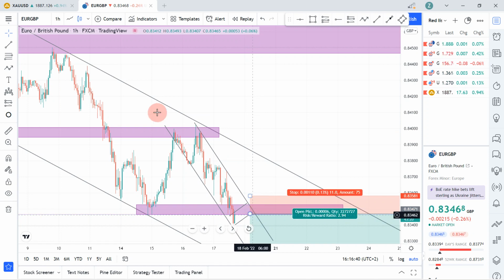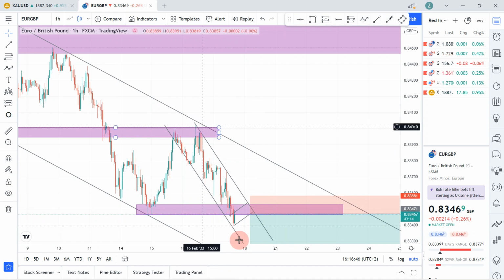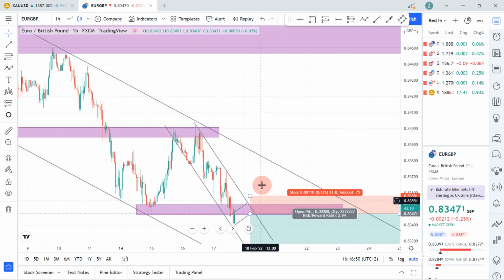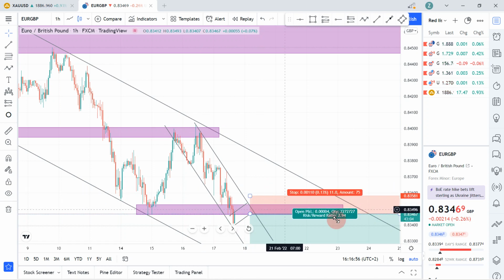So hence we are in an overall bearish trend, and a bearish trend inside this trend. It would confirm for me a high probability trade to enter with.